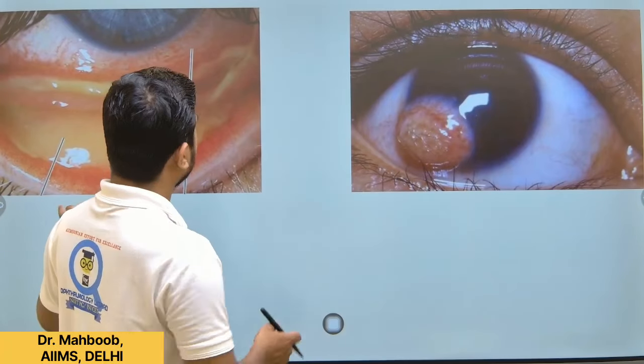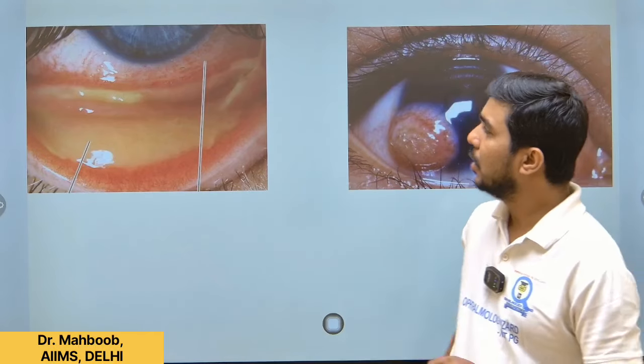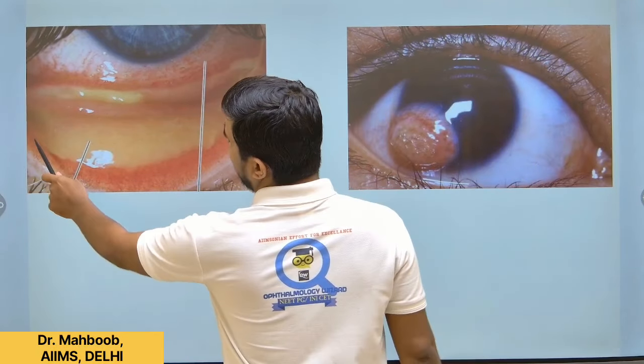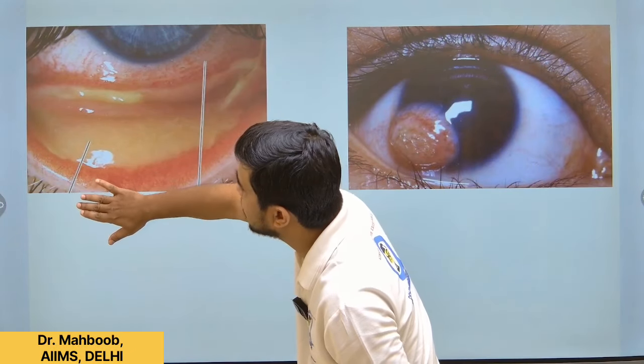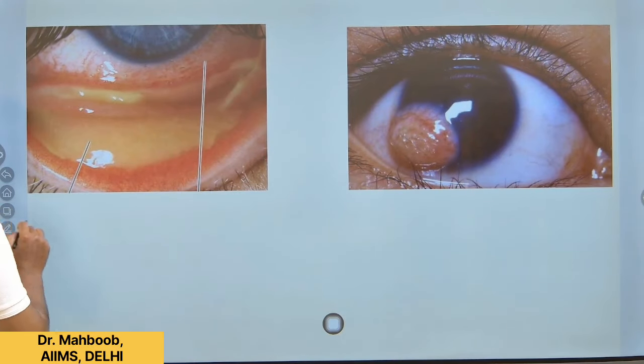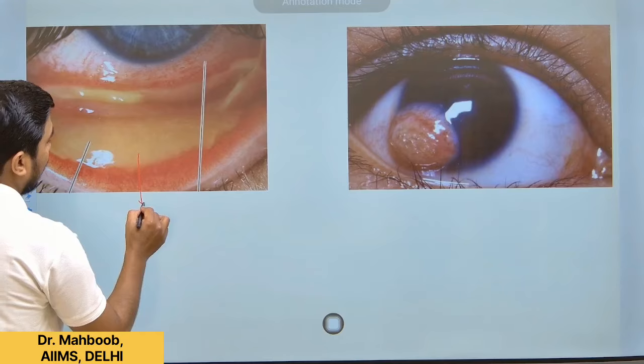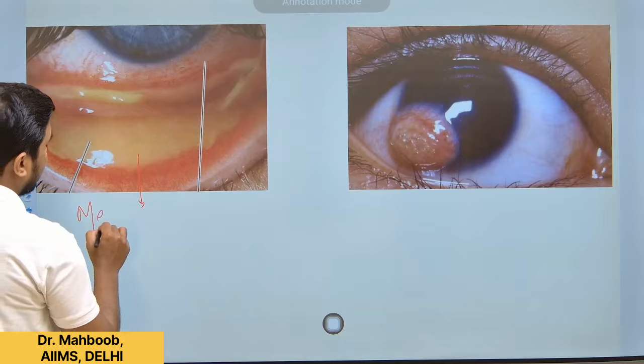Now, can you see and identify this image? The first image. This is the conjunctiva. The lower lid has been everted and some membranous lesion is there. This is nothing but membranous conjunctivitis.